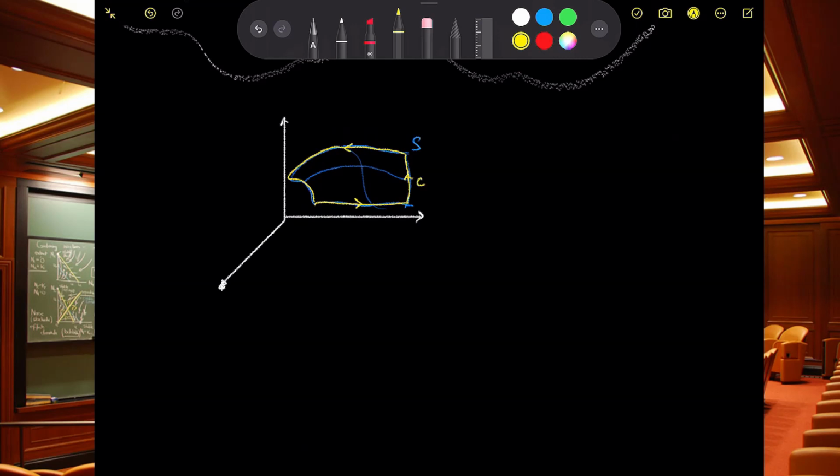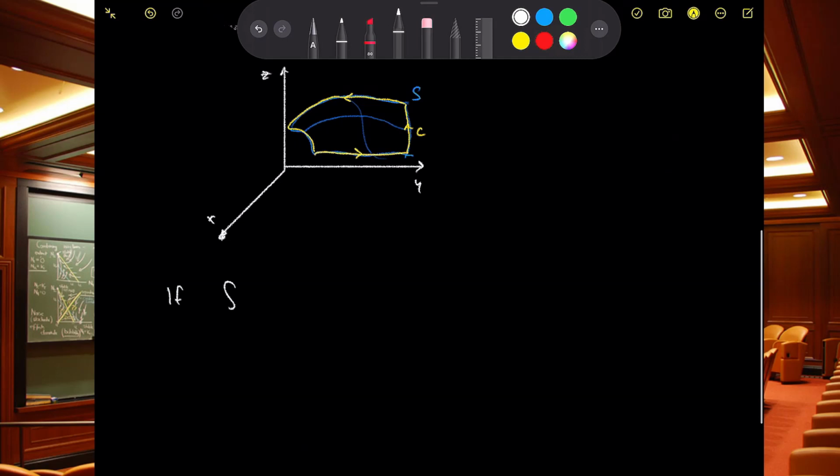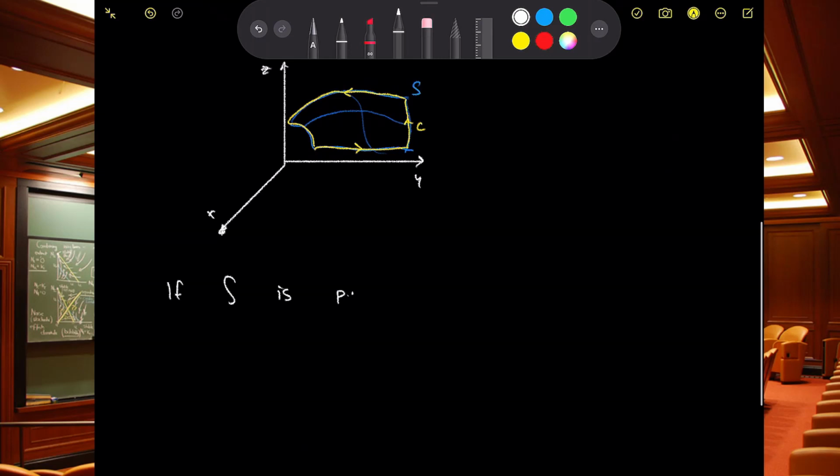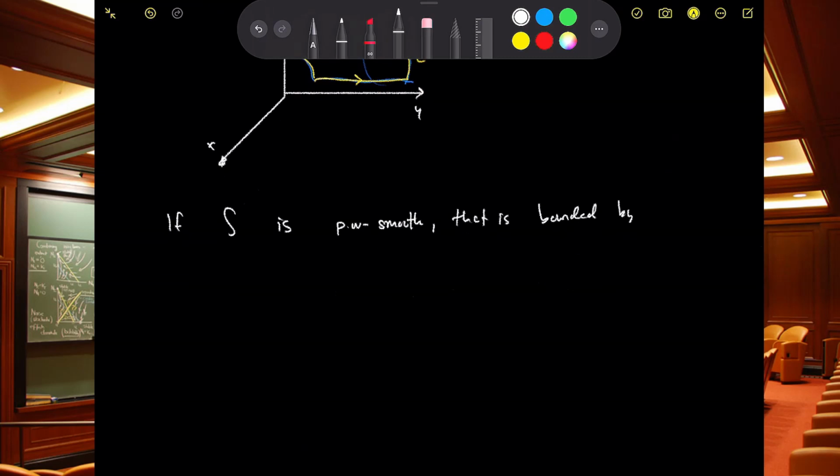We'll call that C. And so what this tells us is if S is piecewise smooth, and it's bounded by this space curve C, which is piecewise smooth, which means, again, if it's just stitched together and all those pieces are smooth, they have nice derivatives. Smooth boundary curve C with positive orientation.